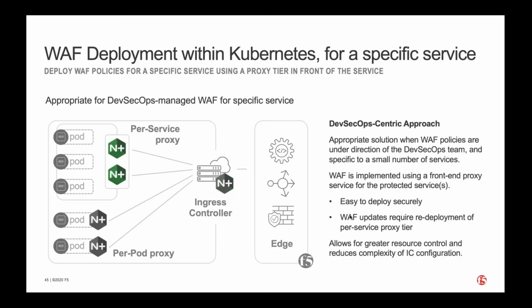When we bring it closer to the application itself, we can bring WAF to the per-service proxy. At that moment, it's per proxy that we are going to use a WAF policy instead of having a general WAF policy on the edge or on the Ingress controller. We have one for one specific proxy.